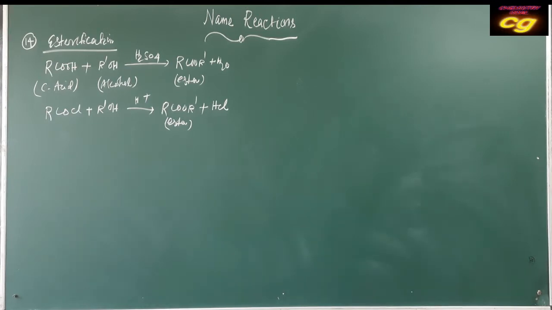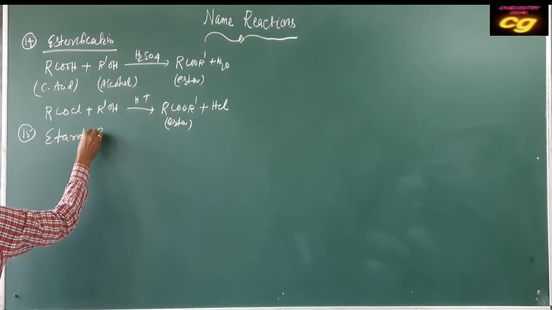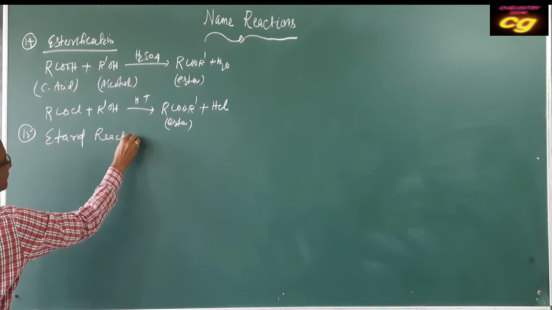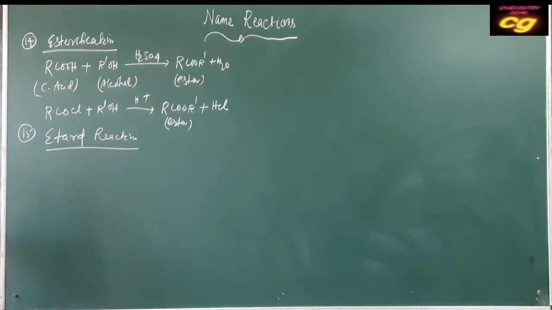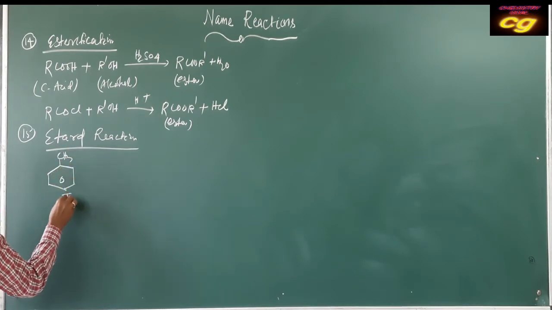Okay, second one is Etard reaction. Here in Etard reaction, what happens? Mainly it is used for aromatic alkane. So this is toluene.